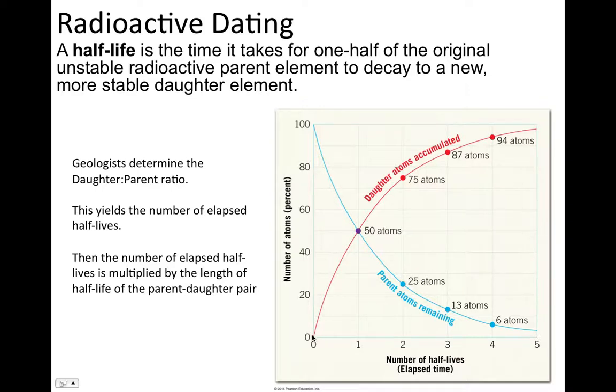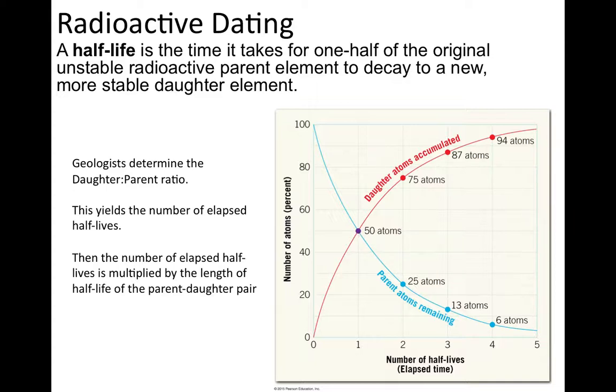And so we start off at 0 half-lives, 0 daughter, and 100% parent. After 1 half-life, half of the original 100% of the unstable parent decays away, so we have 50% remaining. And the 50% that decayed away became stable daughters. So we have 50-50 parent and daughter atoms.